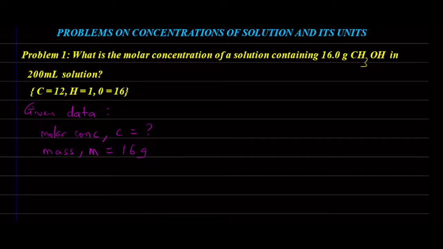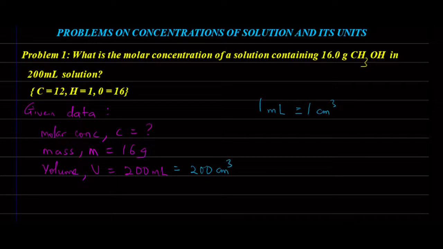Then we are given the volume of the solution to be 200 milliliter. 1 milliliter is the same thing as 1 centimeter cube, so we can also write it as 200 centimeter cube.